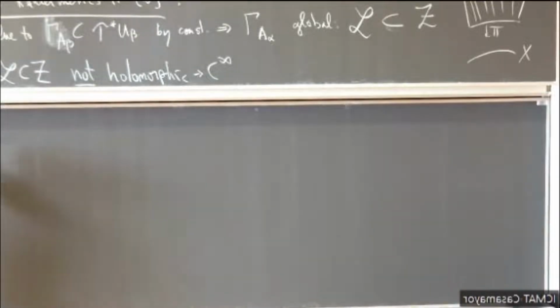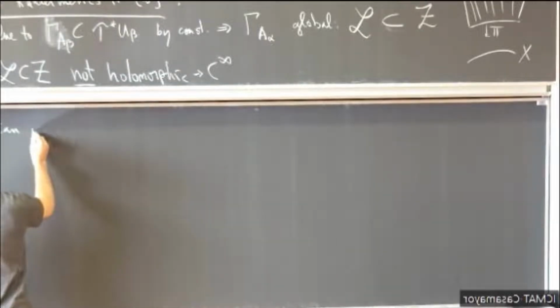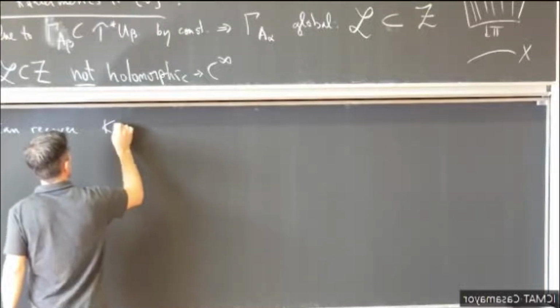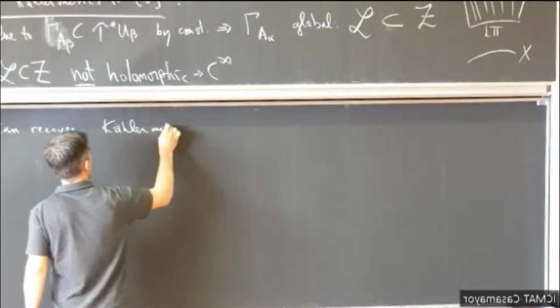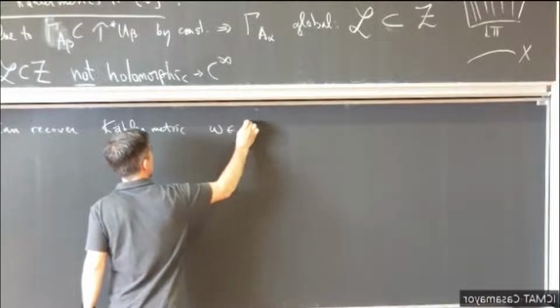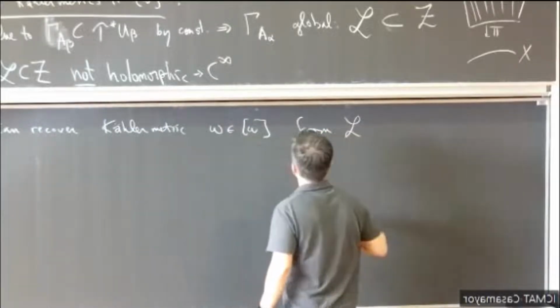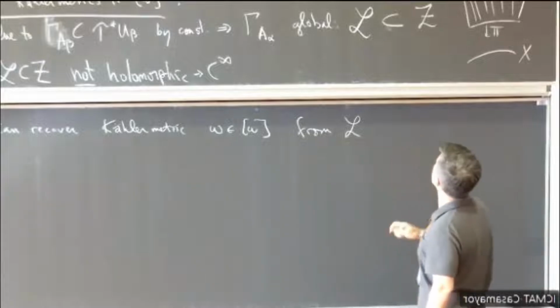And the key property is that we can recover the Kähler metric omega from L in a very nice way.